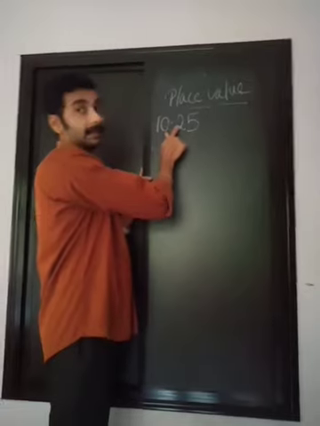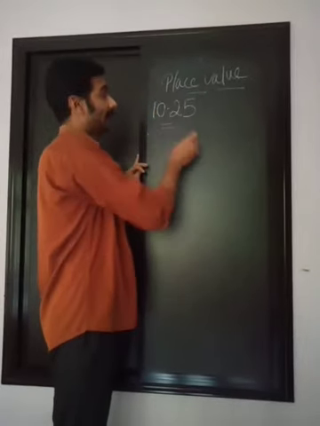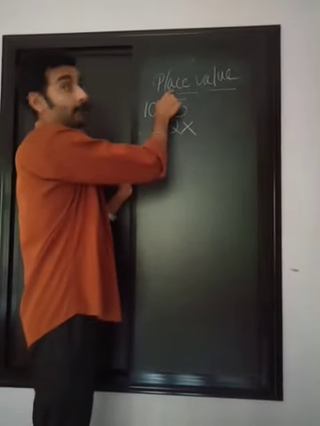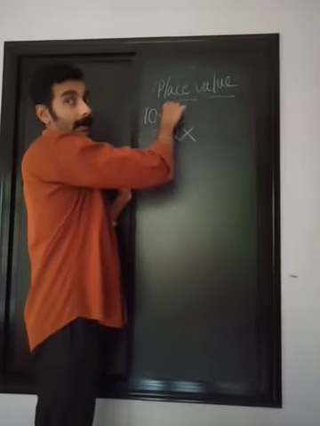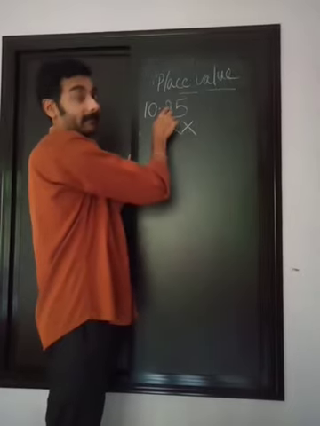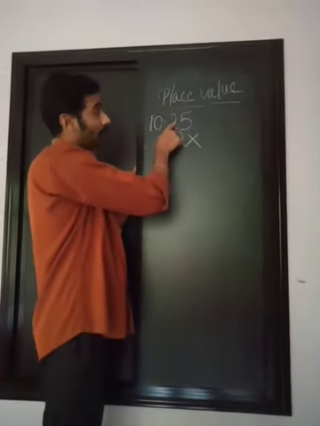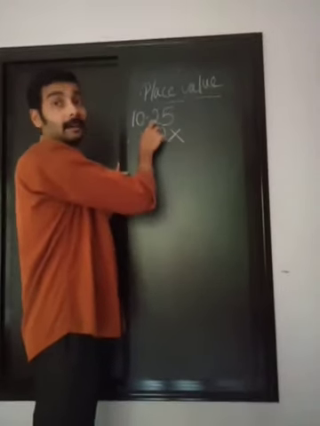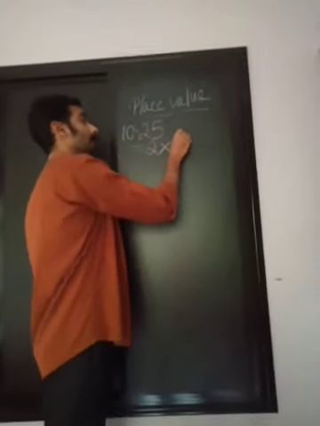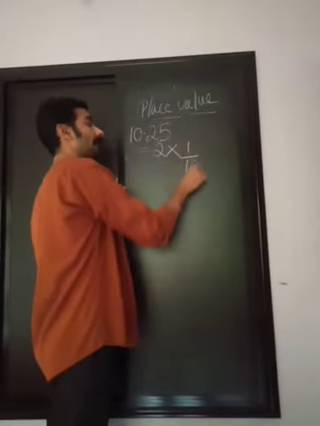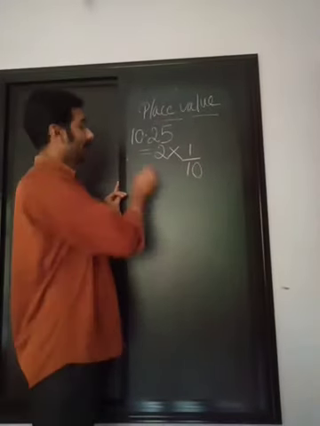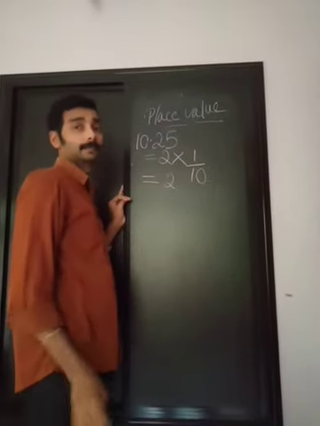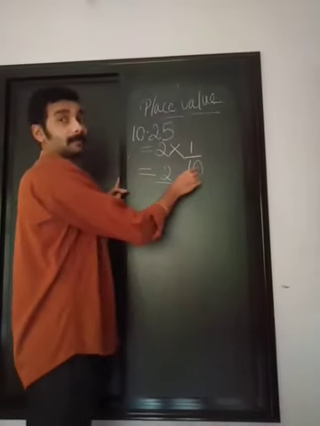Here 2 is in the 1 by 10 place. So the place value of 2 is 2 into 1 by 10, that means 2 by 10.